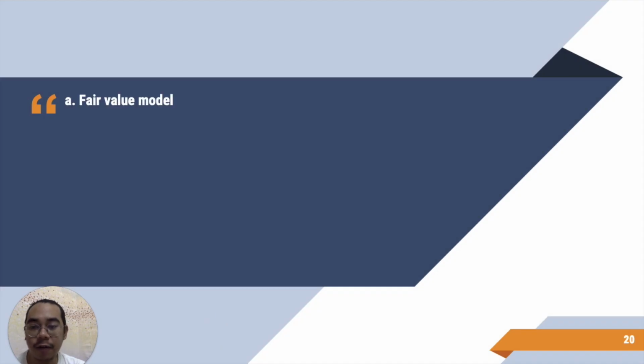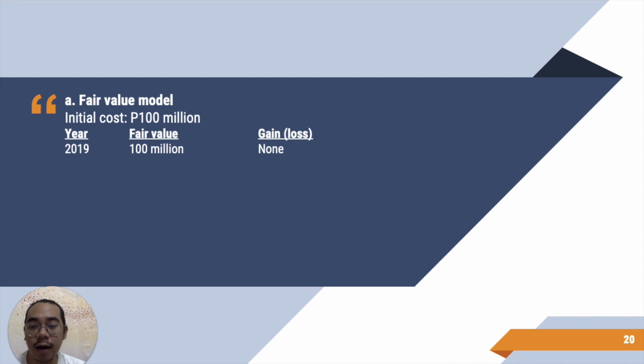So under the fair value model, the initial cost is 100 million pesos. During 2019, the fair value is also 100 million. So walang gain, wala ring loss. But on 2020, the fair value is already 120 million. So there is gain of 20 million. So from 100 to 120 million, that's a gain of 20 million.